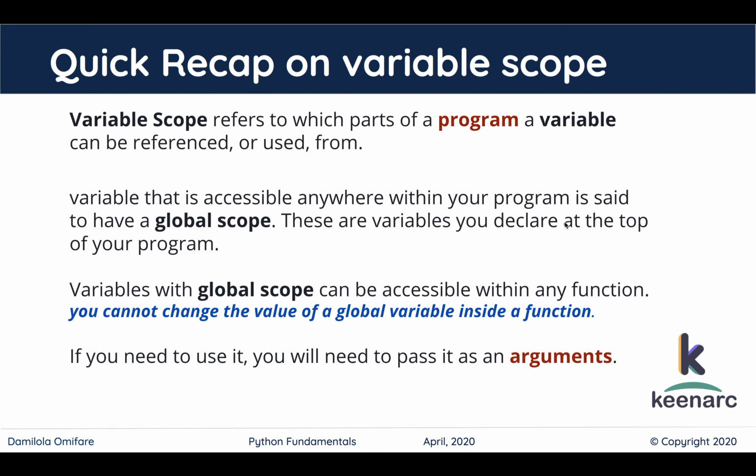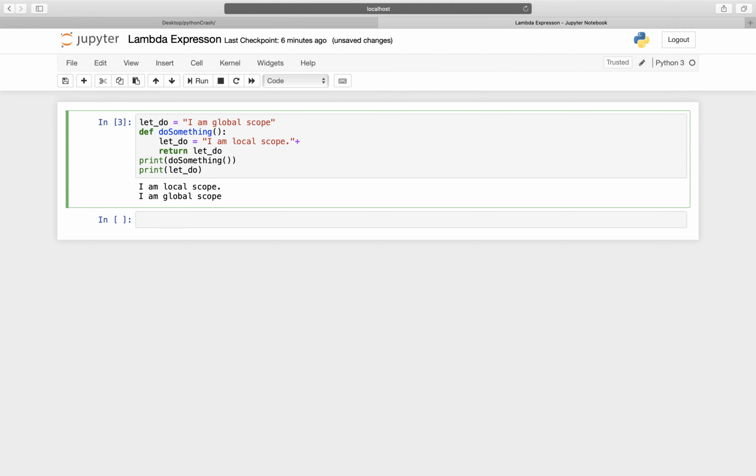Here, if I want to concatenate another string to let's do, I'm referring to this let's do here. So here, if I say it, it's reference before assignment. So here I will actually just do something like this.